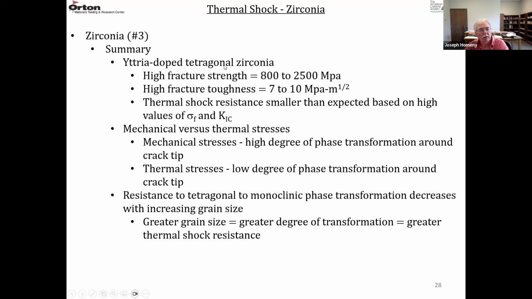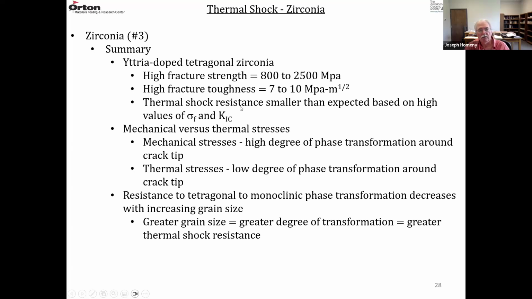So yttria doped zirconia has a high fracture strength, 800 to 2,500 megapascals. It also has high fracture toughness, 7 to 10 megapascals square root of meters.